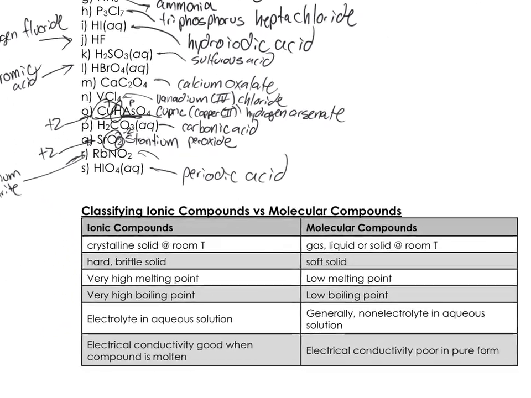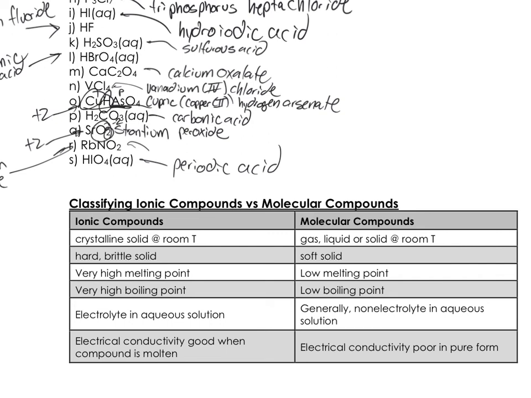So, in general, we can classify ionic compounds and molecular compounds based on their properties. Every single ionic compound is a crystal solid at room temperature, whereas molecular compounds could be all kinds of different stuff. Generally, ionics are hard and brittle. Think about table salt.